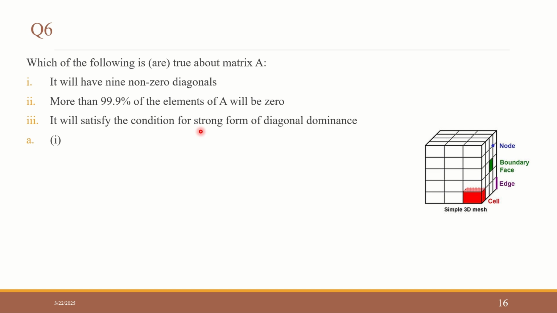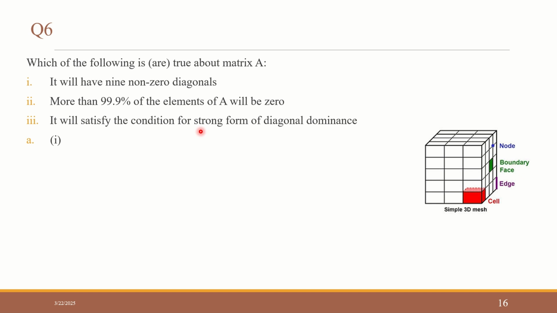The second statement, more than 99.9% of elements will be 0, is true, because in the last problem we saw that around 1% of elements of A were non-zero. That was for the two-dimensional case, and for the three-dimensional case it is even less. So the second statement is true.